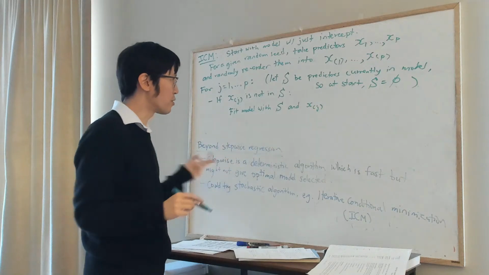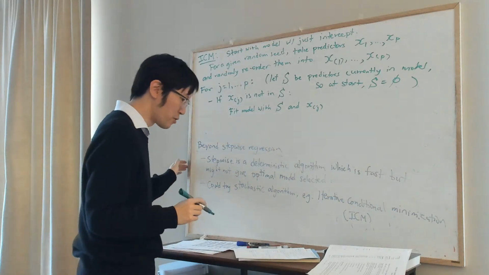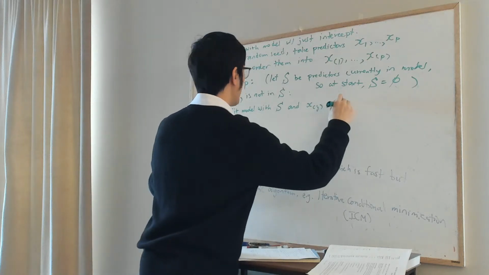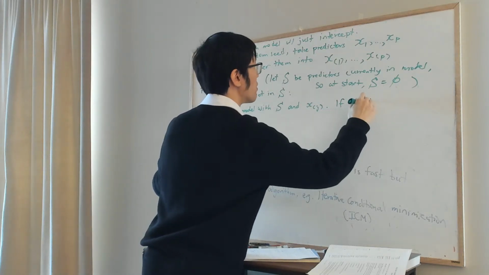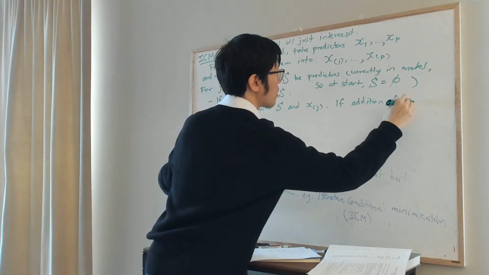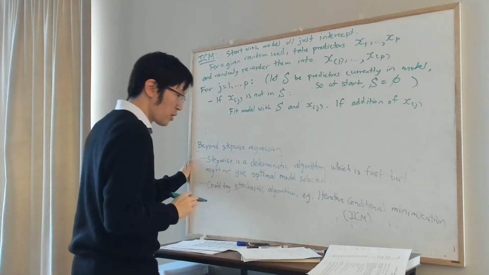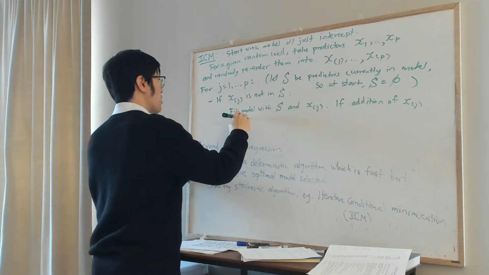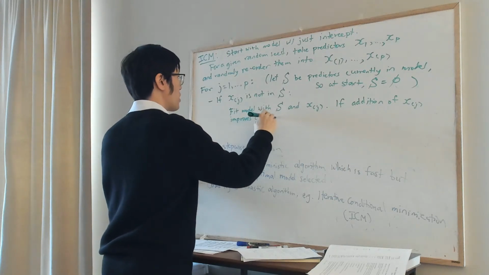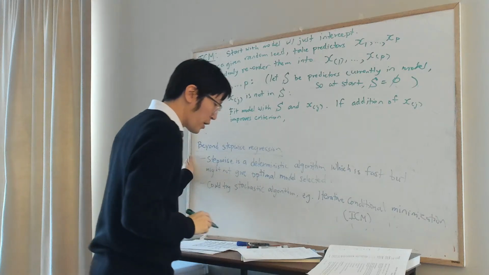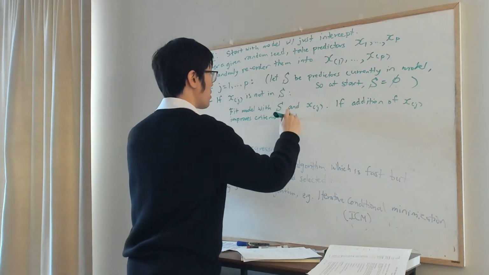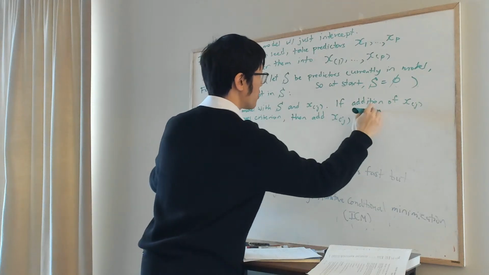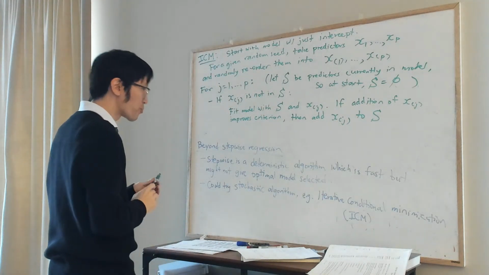So add xj to the current list of predictors and try fitting that. And if the addition of xj improves the criteria, then add that variable xj to S. Now S has one more variable.